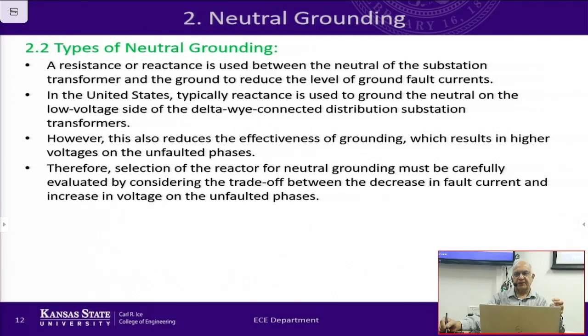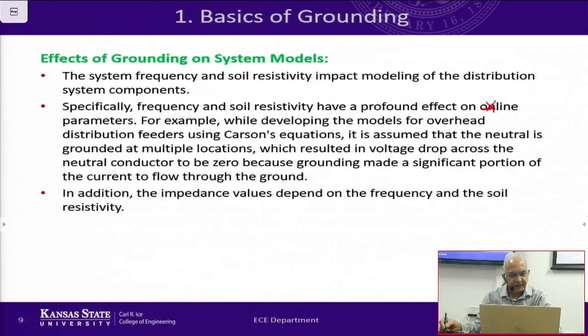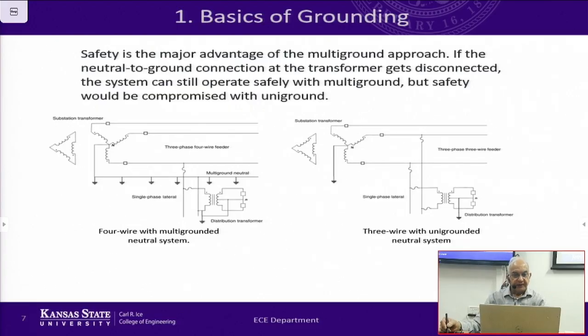The reason is that if you look at one of the previous slides, right here, if you put a reactance in the ground, then if your fault takes place here, SLG, single line to ground fault, this impedance is going to come in the circuit and it's going to reduce the fault current.